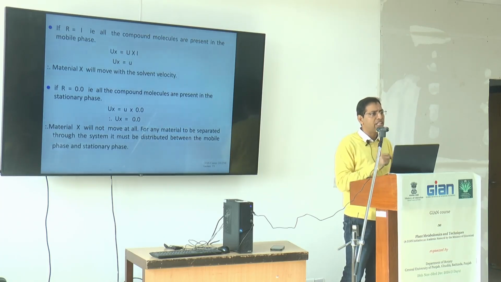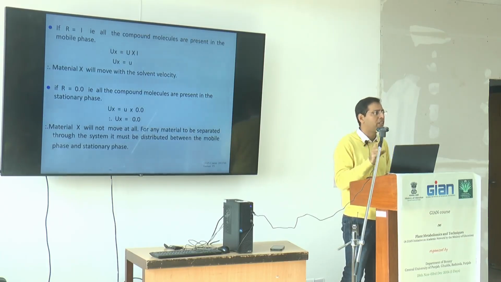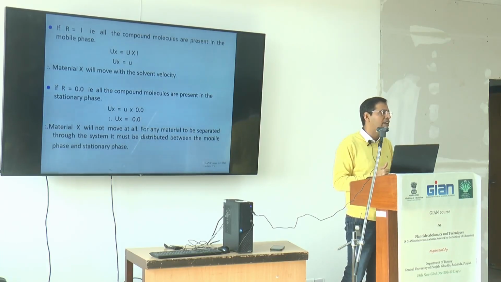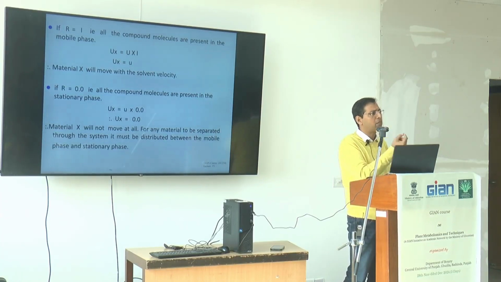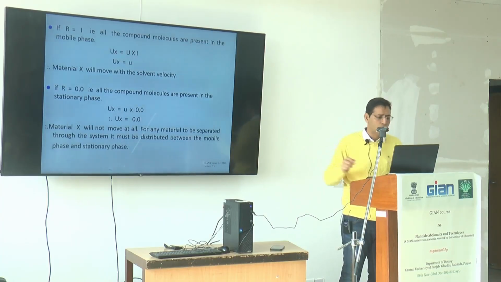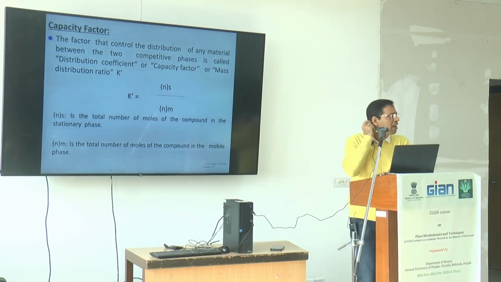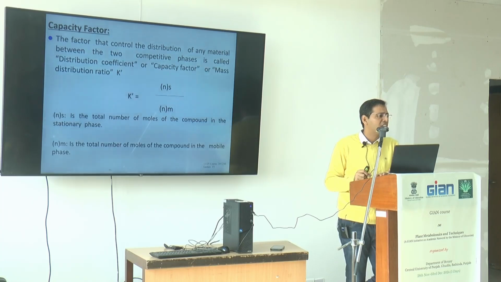So we have to play with this R value to find it out. We have to change the solubility, the column, the solvents, the running conditions and the temperature, so that sometimes those metabolites detach themselves from the stationary phase and we can pick them up in the chromatogram. Other than the capacity factor, this is another factor.